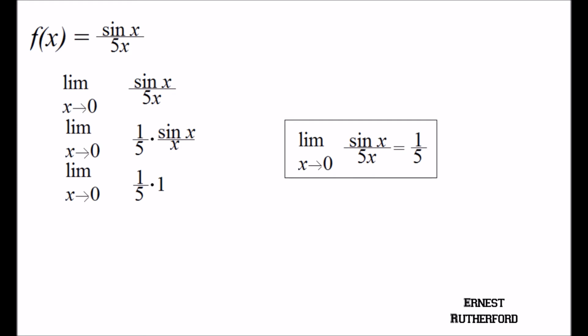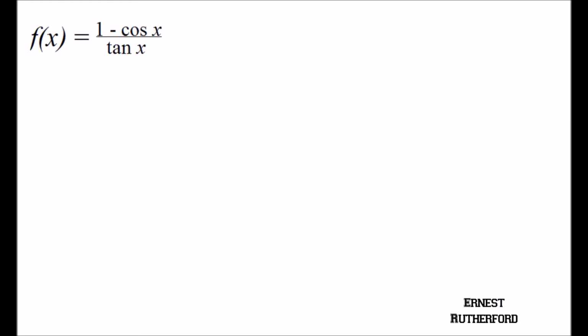So next we have 1 minus cosine of x over tangent of x. To get the limit of this function, we will use the identity 1 minus cosine of x over x, which is equal to 0.